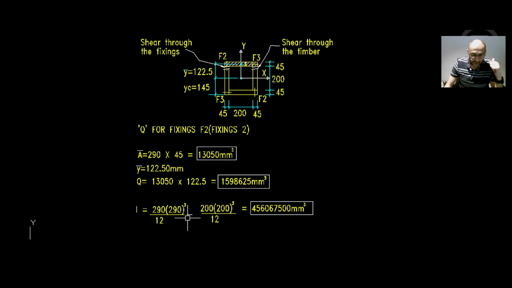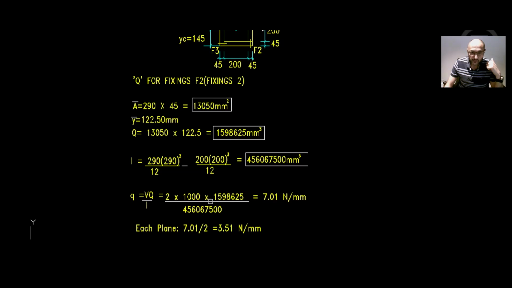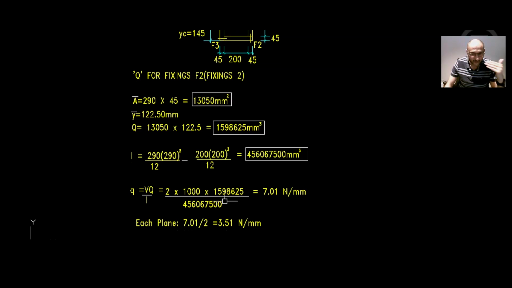And Q is the product of A bar times Y bar, which is 159.8625 millimeter cube. I is the same, and then the shear flow will simply be 2 times 1000, converting it into Newton, times Q divided by I, and that will be 7.01 Newton per millimeter.